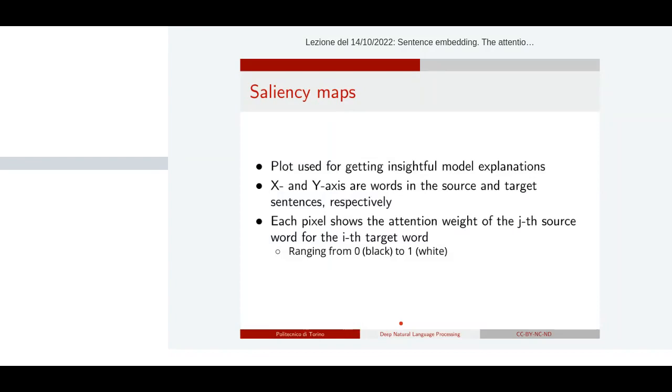These patches are relevant objects or regions in an image that can be leveraged in order to address some image processing task. So the idea is exactly the same: compute the attention scores and then reuse them in order to perform better, more insightful analysis.